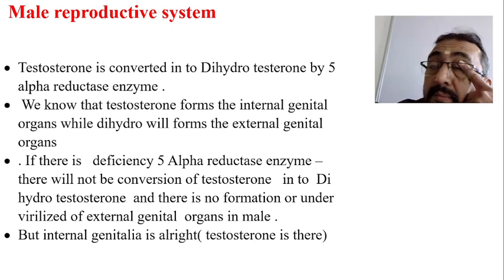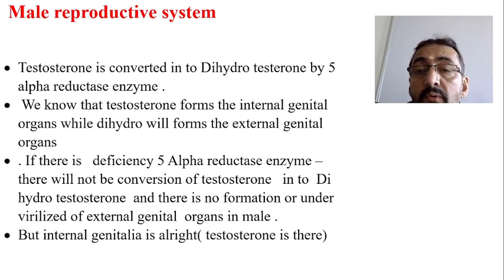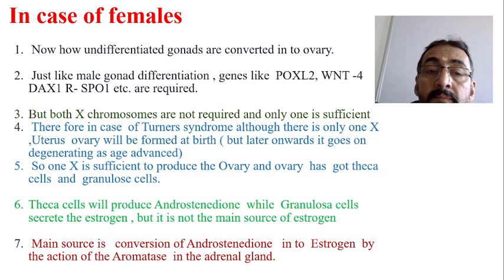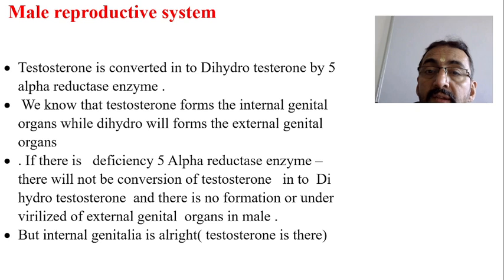The 5-alpha reductase enzyme converts testosterone into dihydrotestosterone, whereas aromatase will convert androstenedione into estrogen. Now, absence of these two enzymes makes a big difference.